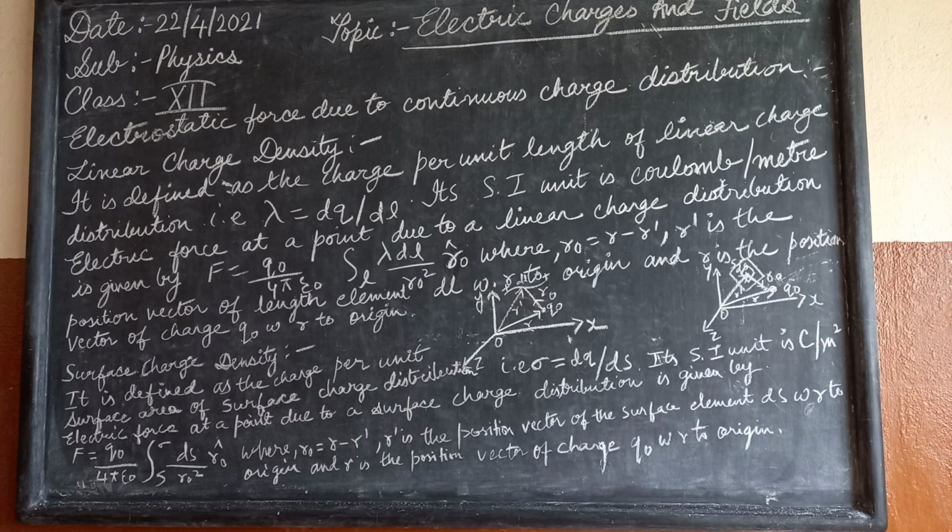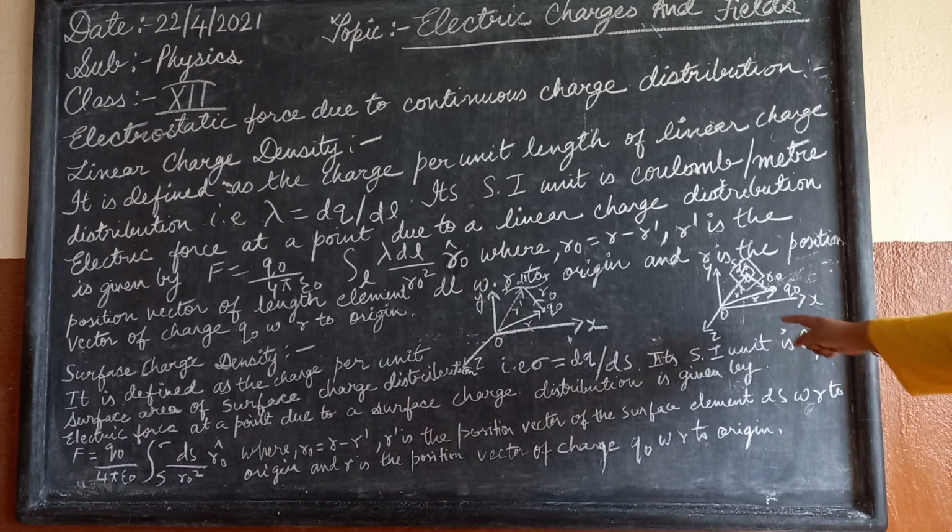So r0 is equal to r minus r dash, where r dash is the position vector of the surface element ds with respect to the origin, and r is the position vector of the charge q0 with respect to the origin. The SI unit is coulomb per meter square.